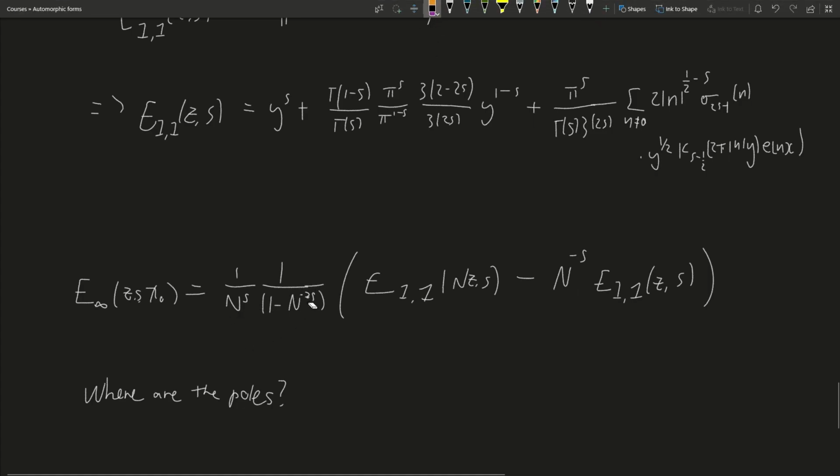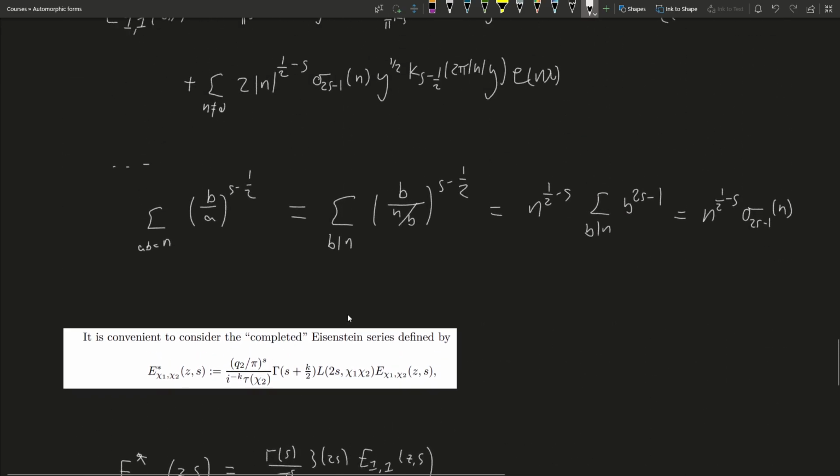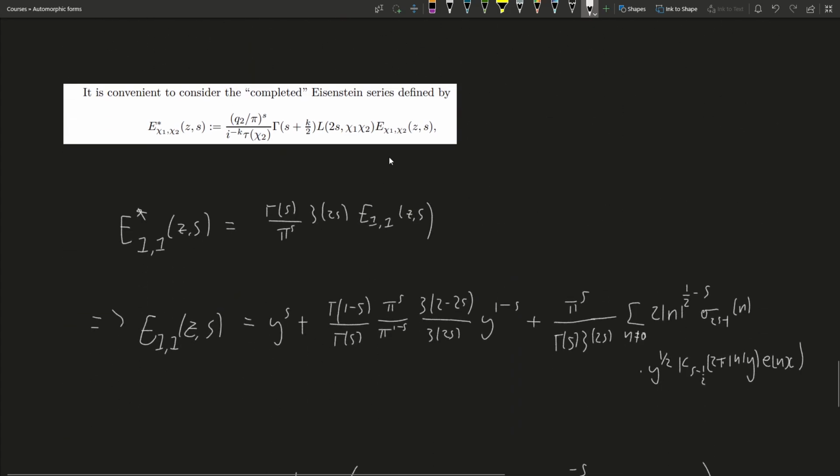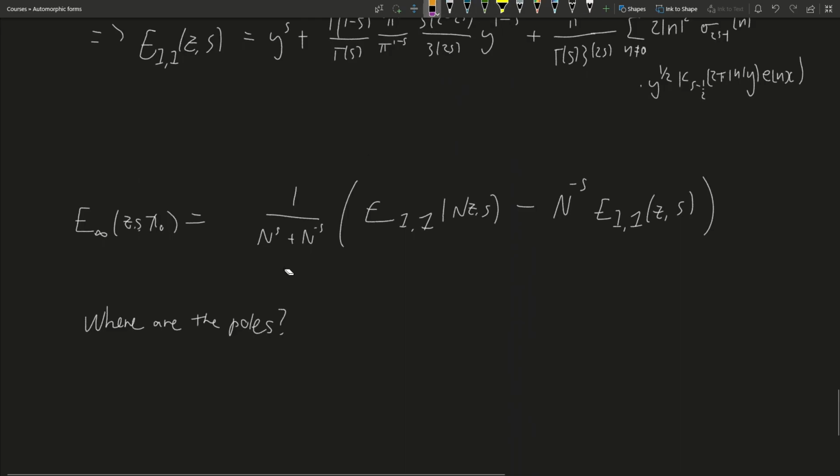So instead of this factor here, I'm going to write it as 1 over n to the s plus n to the minus s. Make sure I didn't drop a minus sign or something. I did drop a minus sign. Good thing I checked. Okay.